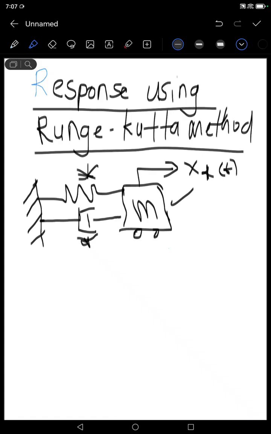If we're pulling it to the right, the spring stretches, the damper resists, and the mass moves. So this is a single degree of freedom system.